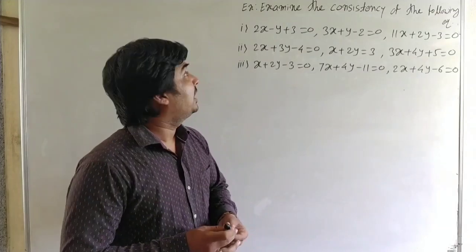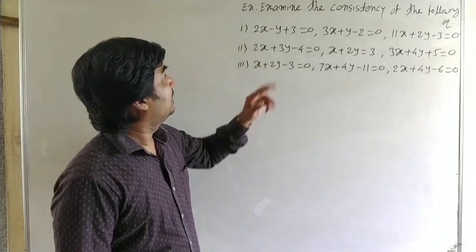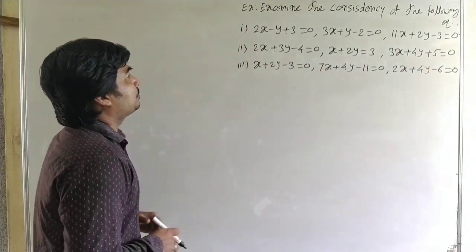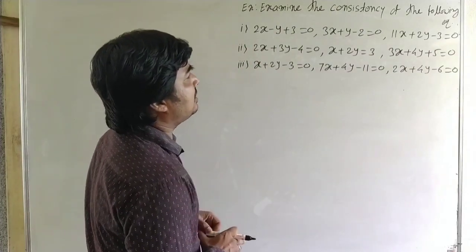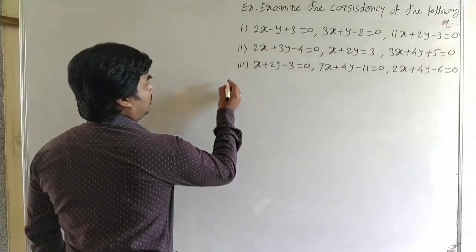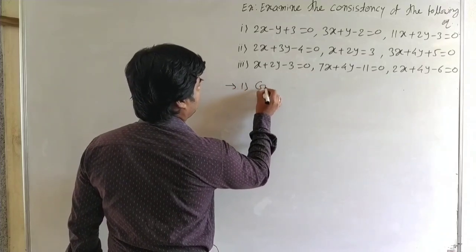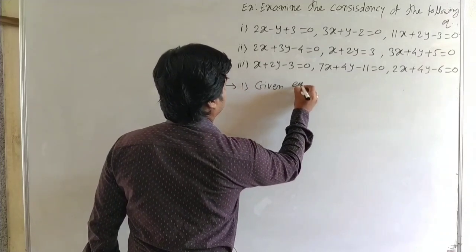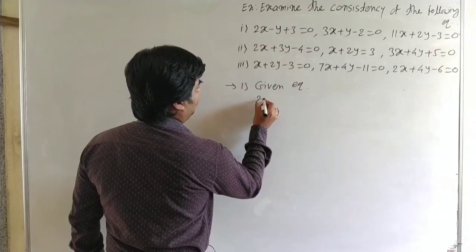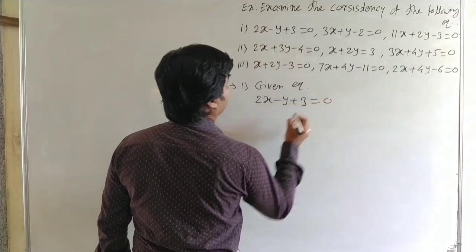Now we see the examples in exercise 4.3 on the consistency of the lines. Here it is the third example. Examine the consistency of the following equations. Okay, here we can solve one by one. First example, given equations: 2x minus y plus 3 is equal to 0.